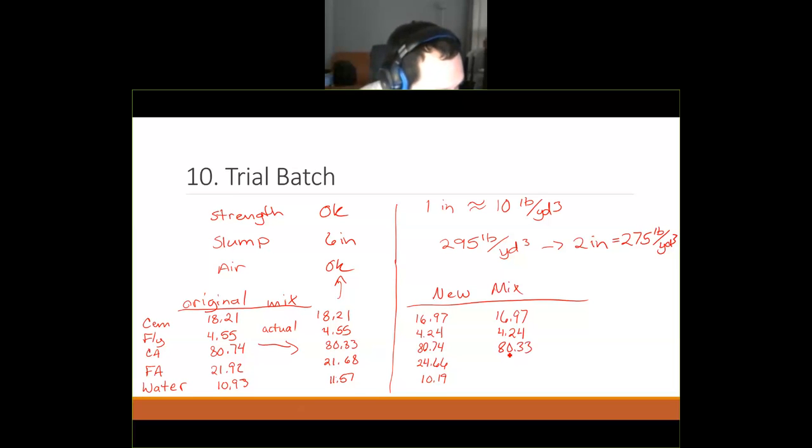Our fine aggregate now is 24.39. And our water ends up being at 10.86. This is our actual mix then.